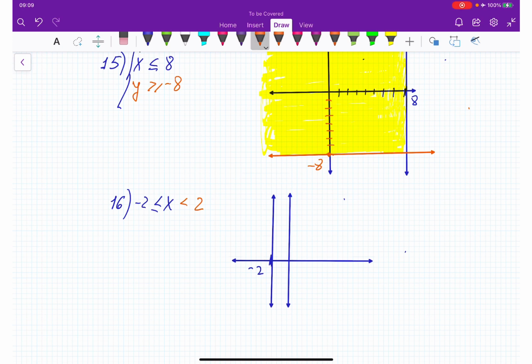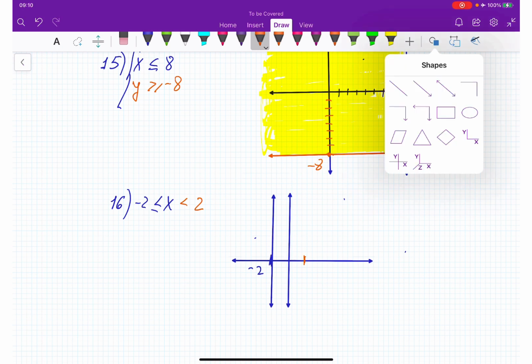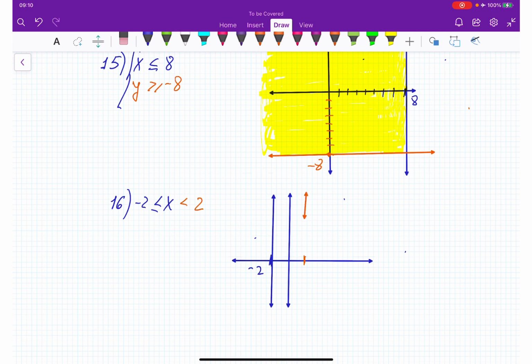And the other one is going to be 2. Okay, and we are going to do dashes because it's less than, right? There is no equal sign. There we go.